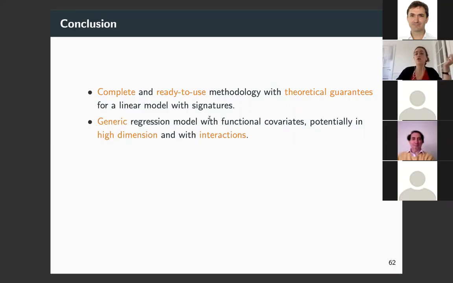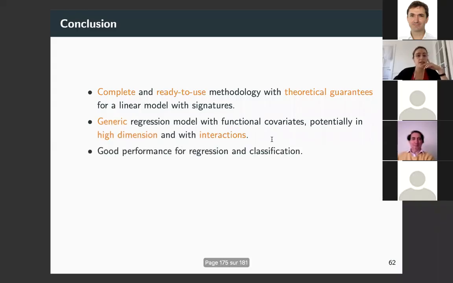Usually, there's a field called functional data analysis, which basically deals with this kind of data, and usually they have to make really strong assumptions on the functional form of f theta. And it has good performance. So it's really promising. Even with a simple model, we have a really good performance.